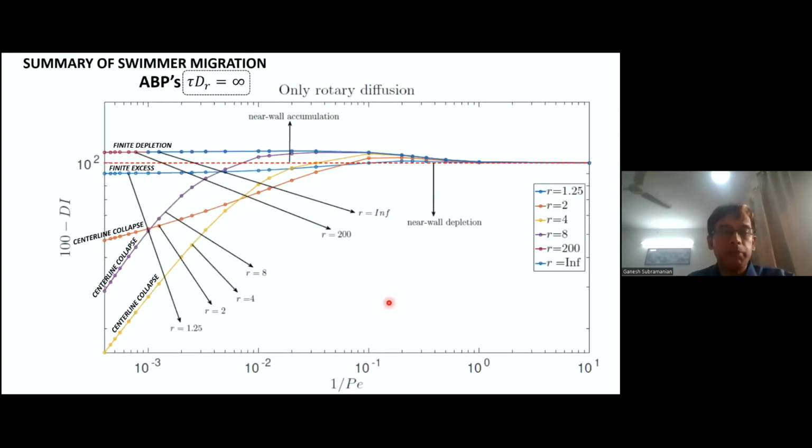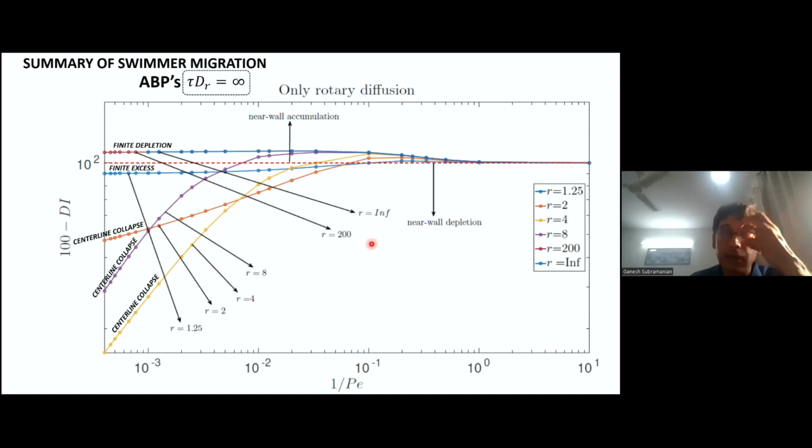So this is how the depletion index behaves. On account of the center line collapse, you see the uppermost curve there. Remember, the abscissa has 1 by Peclet, so as I go to the right extreme, the flow becomes arbitrarily weak, and I go to stronger and stronger flows as I move from right to left.